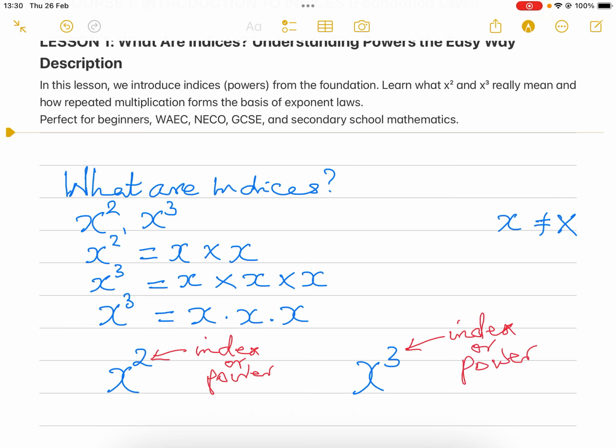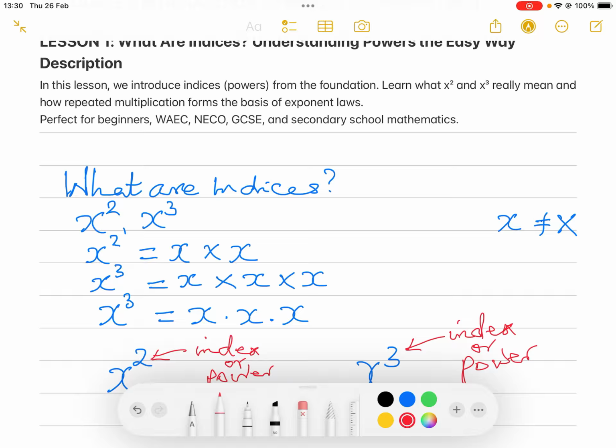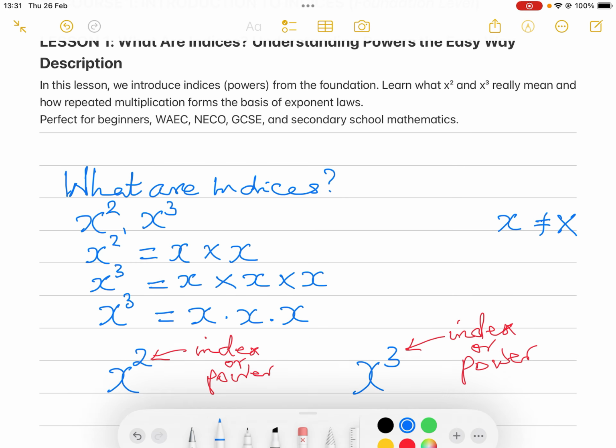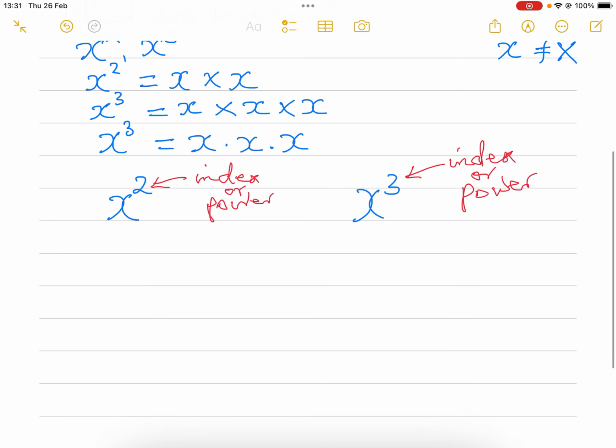The singular is index, the plural is indices.